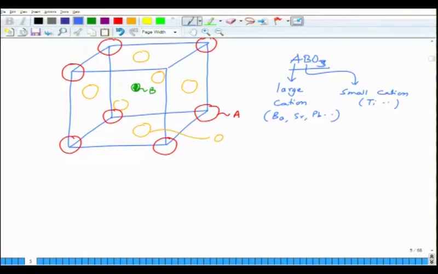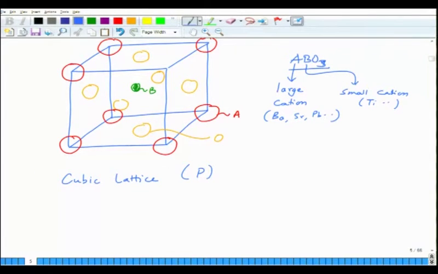So the corner of the cube is occupied by A atom, the face center of the cube is occupied by oxygen atom, and the center of the cube is occupied by B atom. So this lattice is basically a cubic lattice, P type, that is primitive cubic lattice.